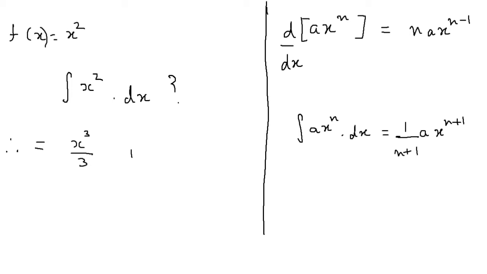Now an important thing that you will have to do is add a plus c like this. Plus c just represents a constant, and you have to do it when you have an integral such as this, and I'll explain this plus c in later videos.